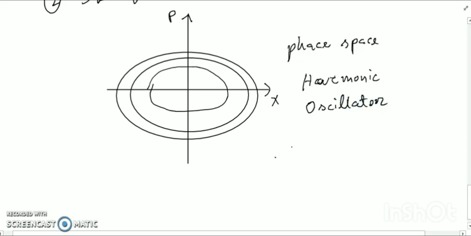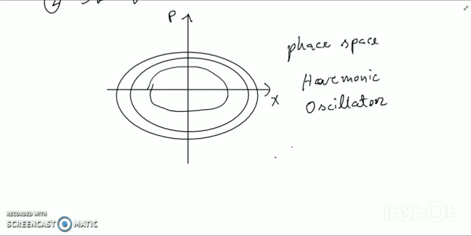Harmonic oscillator in phase space. Time is an internal parameter to these curves, to this ellipse. As time evolves, you are moving along it. The initial condition can be any point on this trajectory.